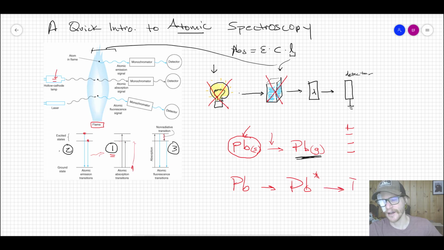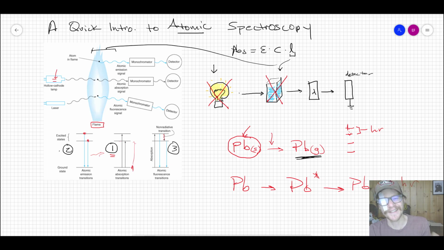As that goes back down to lead 0, it emits a photon of light, and that photon of light has exactly the same frequency as the lead absorption transition. So you're essentially sending in monochromatic light. You may be having multiple transitions in lead, so it's not truly monochromatic, but the only light that's being emitted from the lamp is coming from lead excitation.